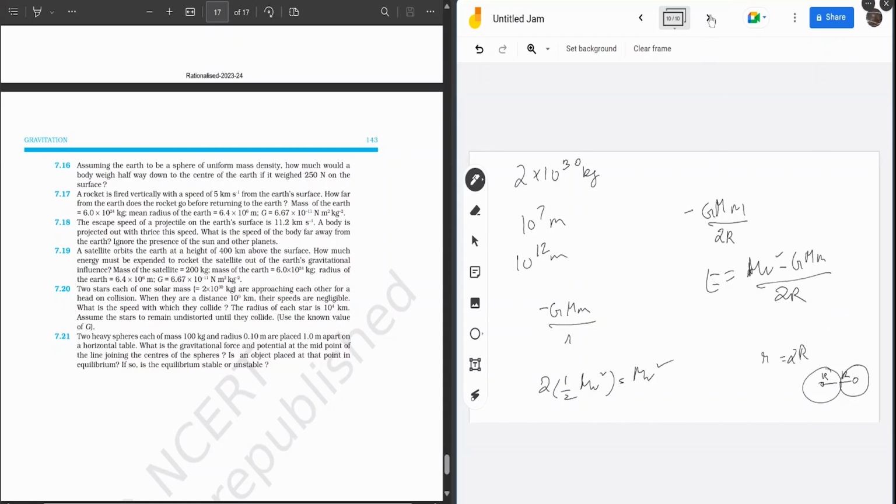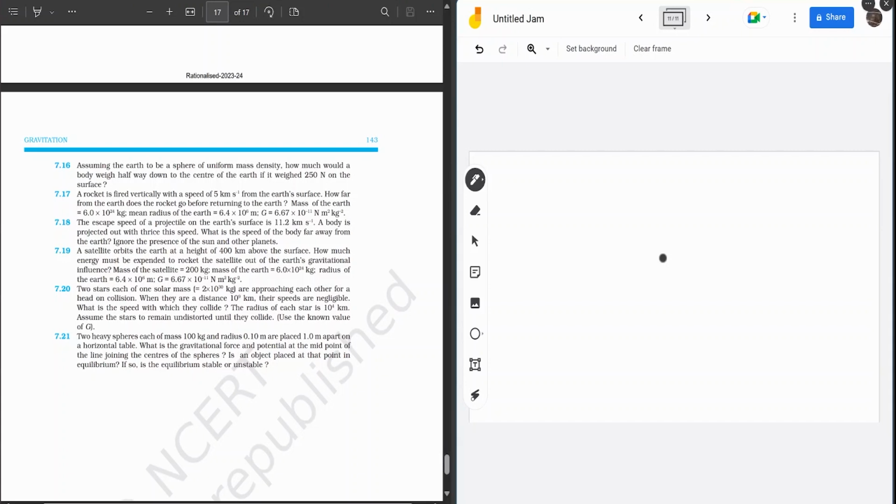Now, since energy is conserved, the initial energy and final energy are equal. So mv square minus GMM divided by 2R equals minus GMM by R. So we'll be getting V square is equal to GM by 2R minus GM by R. If you substitute all the values, you will be getting 6.67 into 10 to the power of 12, which is V square.